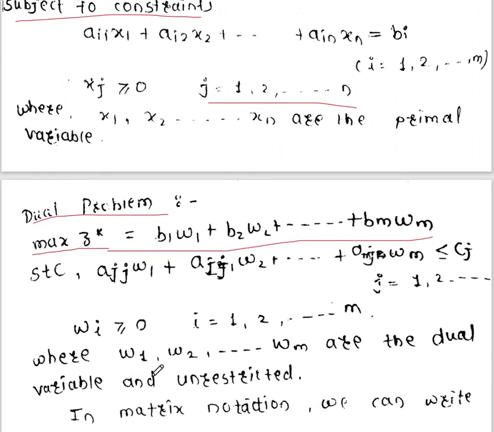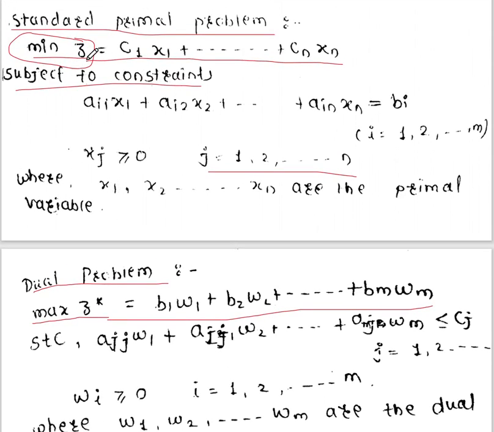Here w1, w2, wm are the dual variables and they are unrestricted in sign. Okay, so this is the conversion of the minimum primal problem to the maximum dual problem.